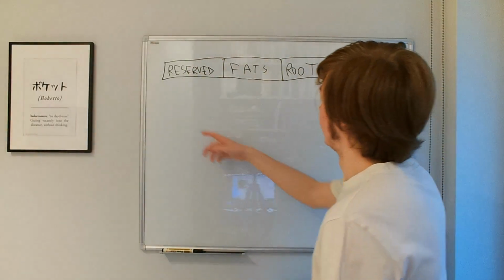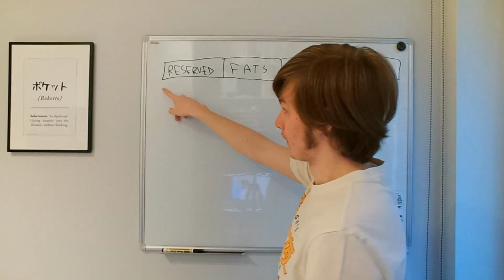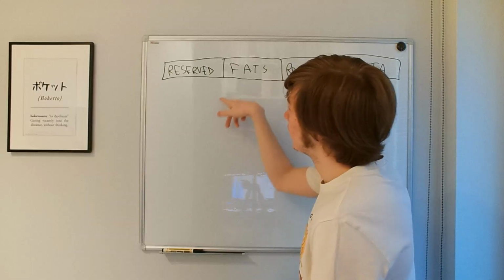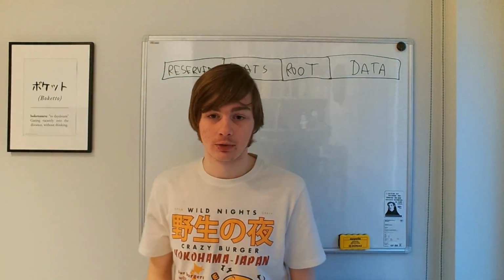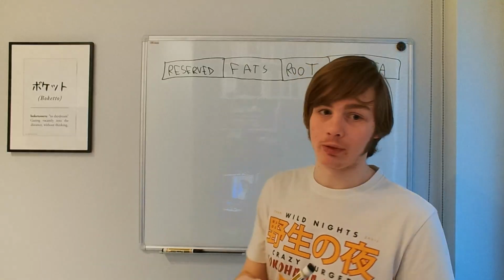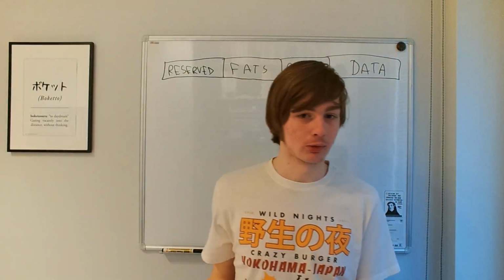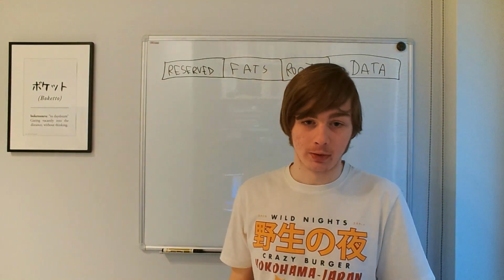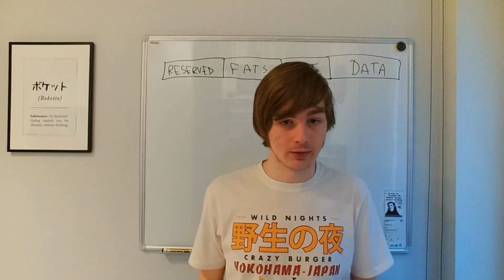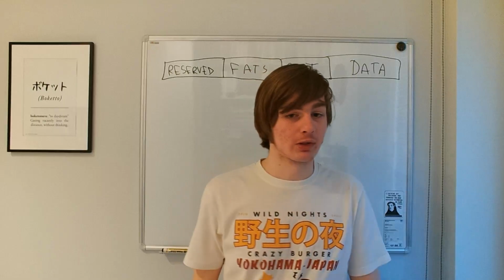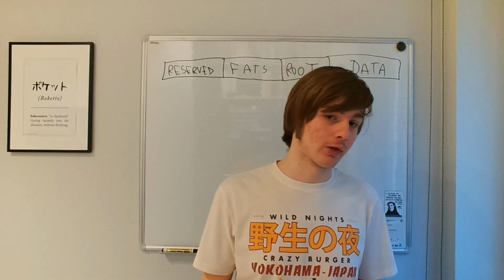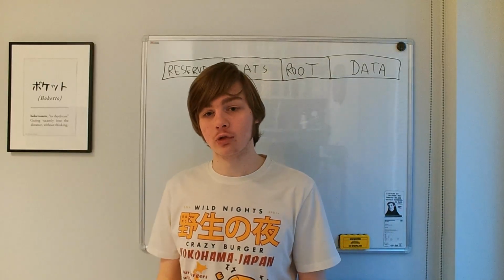Right, so we have those four regions, and as I've said, I haven't said that yet, but in the reserved region, obviously we're going to have the MBR, the master boot record, which I've already talked about previously at the beginning of this lecture series, and that is going to be the boot sector, but it's going to follow the MBR norms, so it's going to have a couple of extra pieces of information.